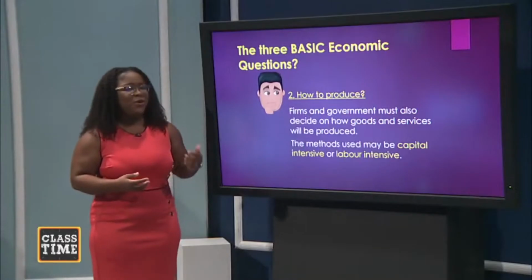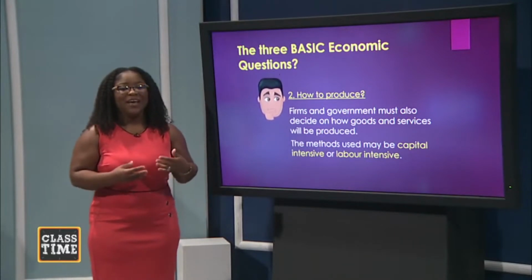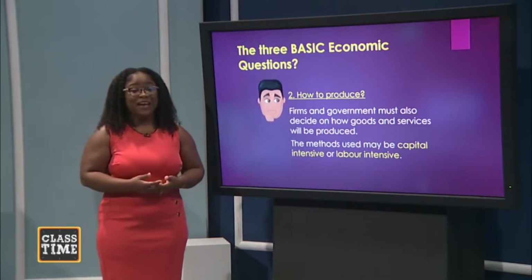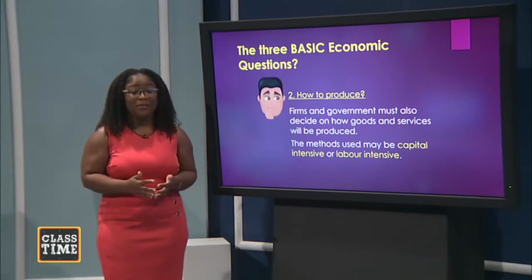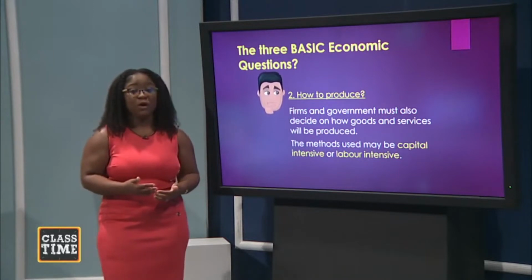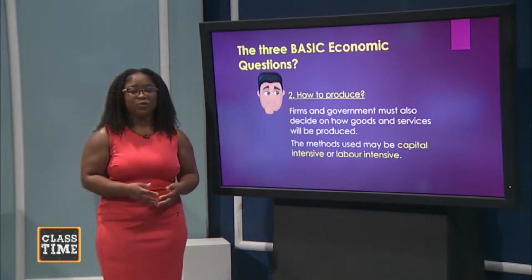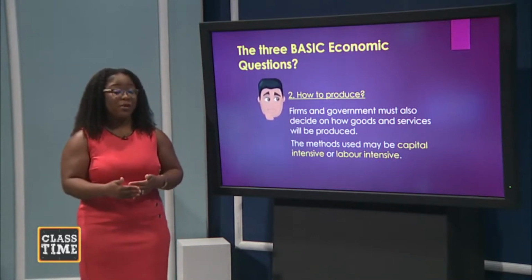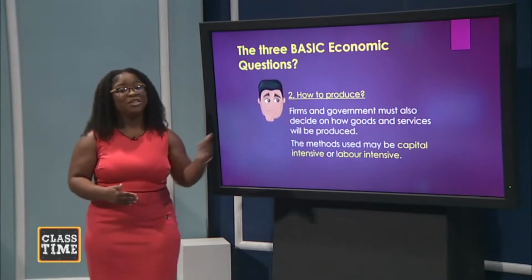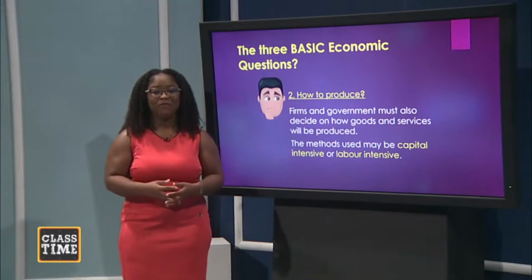If we look at the question of how to produce, government and firms may decide to either use more people, more human labor in their establishments, or they may choose to use more capital goods, more machinery, to carry out production. If any firm or government chooses to go the route of using machinery, we say that's a capital-intensive type of work environment.